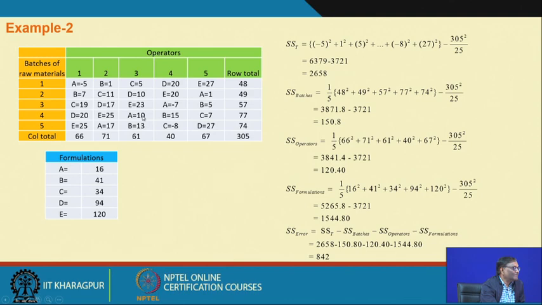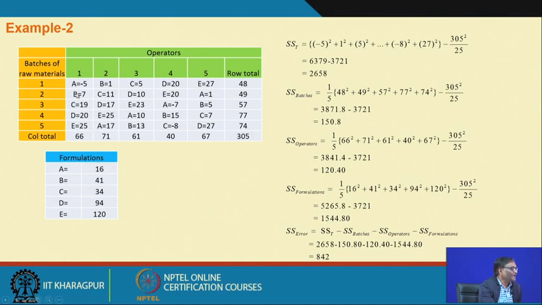So, that means 12 plus 10 is 22, here it is minus 7. So, 22 minus 7 is 15 and here it is 1, that means 16. So, only the values attached with A will be totaled. So, that is the total for formulation A, 16.